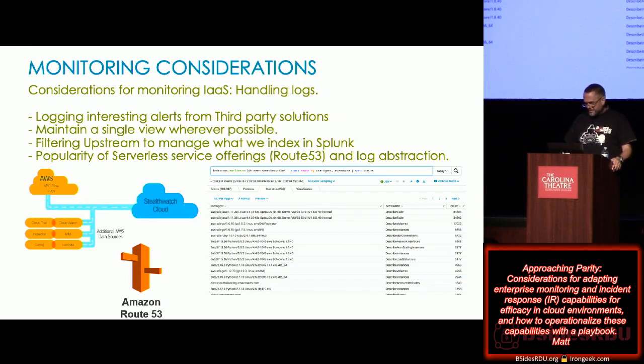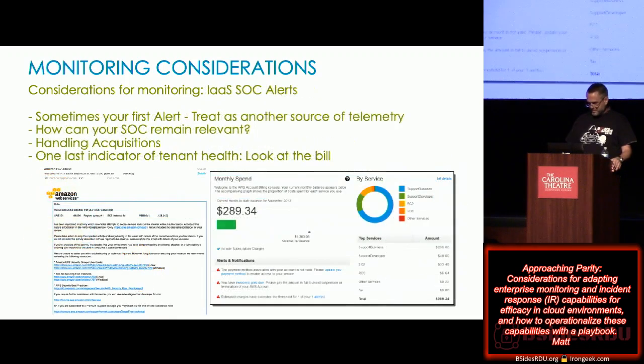And then also be prepared for the scarcity of logs too. Serverless service offerings tend to abstract the virtual machine, for example, so you can run DNS using Route 53. But just as that machine is abstracted, keep in mind that so too may be the logs that would be useful to go along with it.